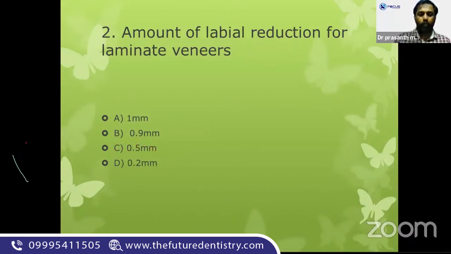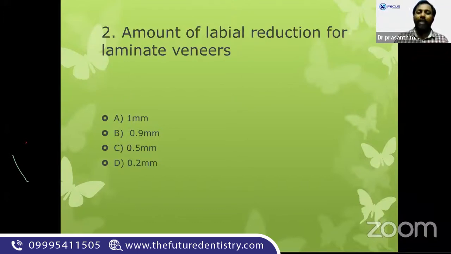Amount of labial reduction for laminate veneers. Before that, I'll just discuss in the gingival region, it is 0.3 to 0.5. Middle and incisal region, facial reduction, it is 0.5 to 0.8. So here, remember, in MCQ there is no perfect answer.